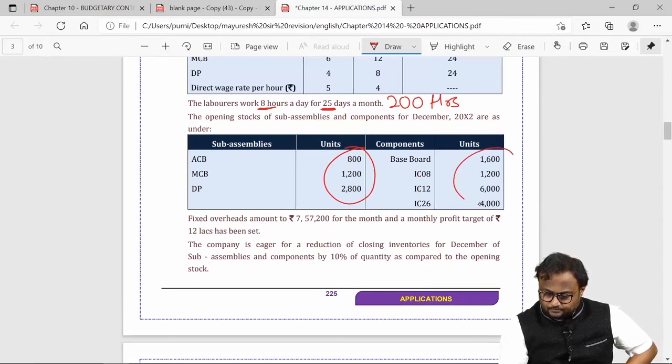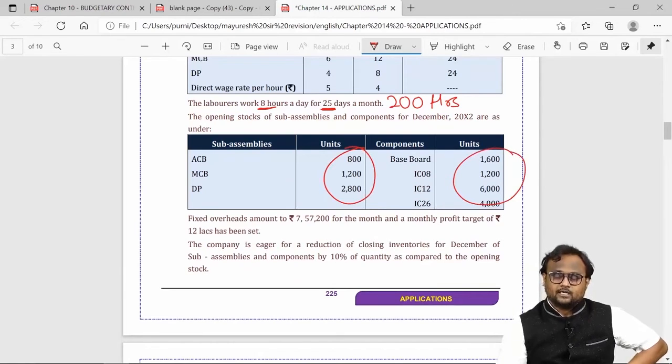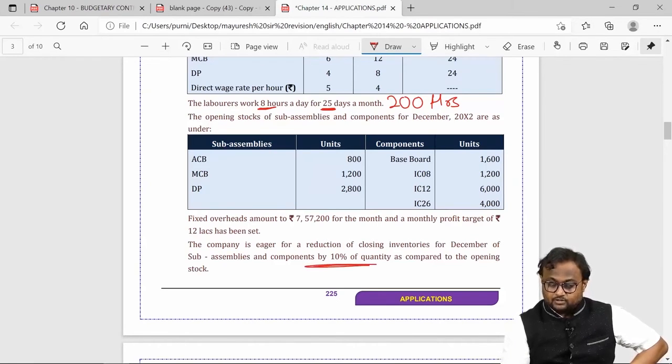Then you have information about opening stocks, and the question had clearly said that your closing stock is 10% less than the opening one. Your fixed cost was expected to be 7,57,200 and the company wanted a profit of 12 lakhs.